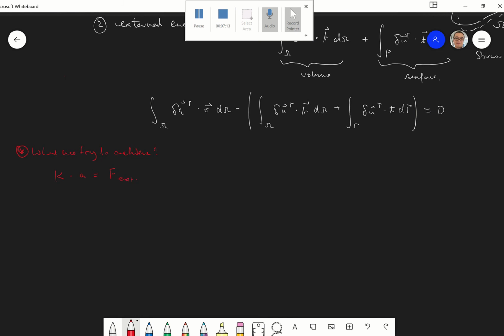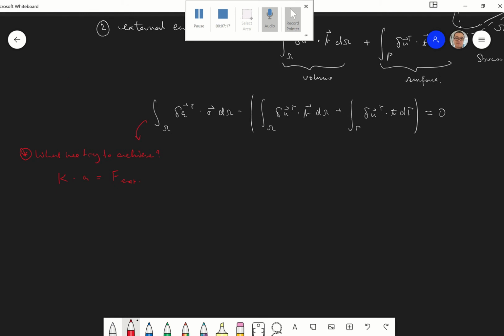So we want to manipulate this long integral equation into this form, such that we come up with a general equation that allows us to compute K for an arbitrary finite element, right?